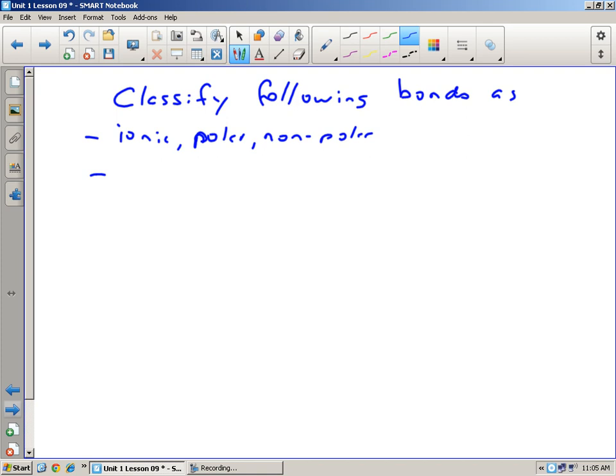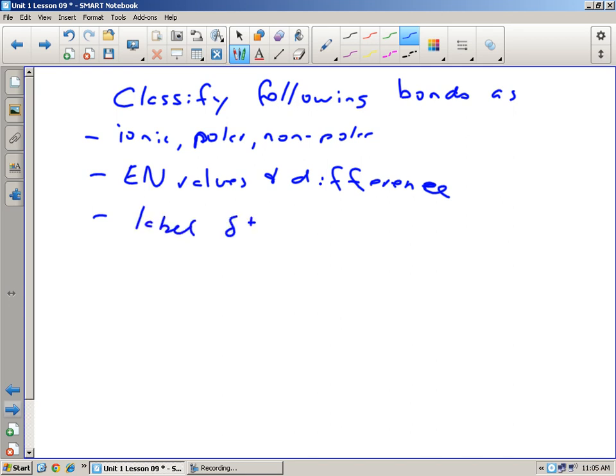Ionic, polar, or nonpolar. Let's put down electronegativity values and difference. And let's also put down the partial negative and partial positive charges where applicable. So label partial positive, partial negative where applicable.